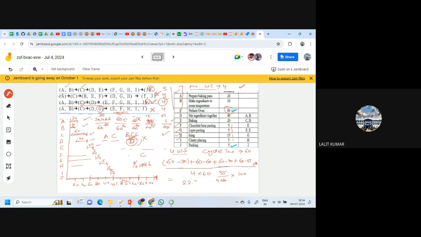Okay, so then our efficiency becomes 100 minus 22.9. So this will become 77.1.